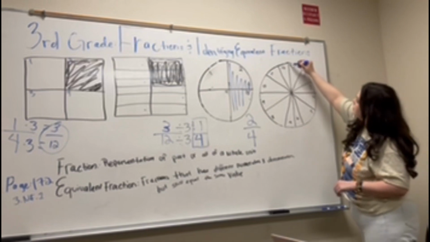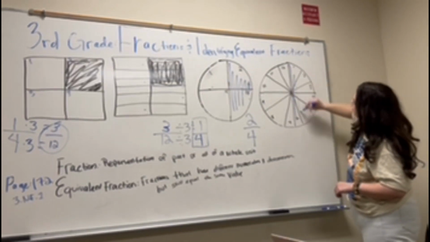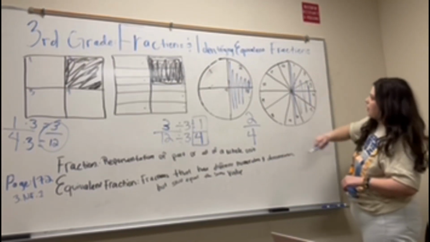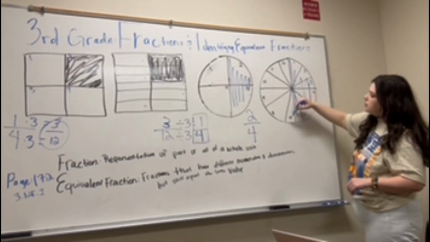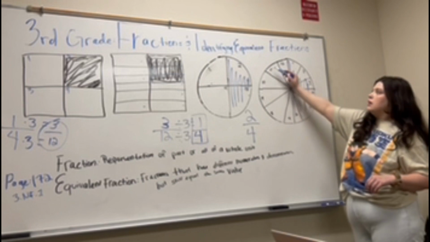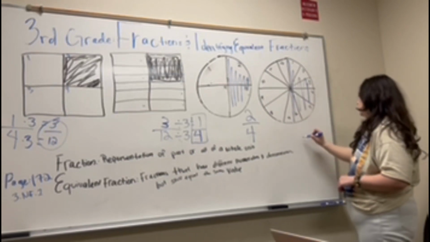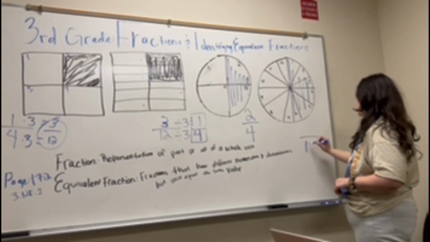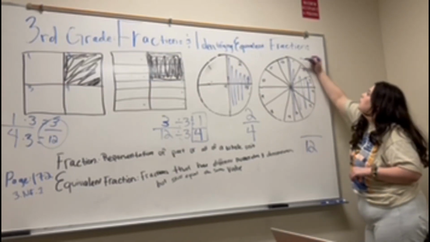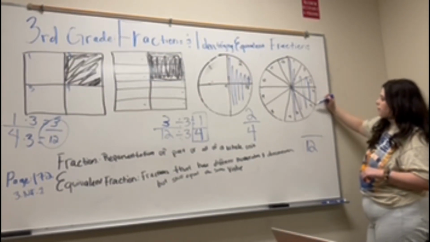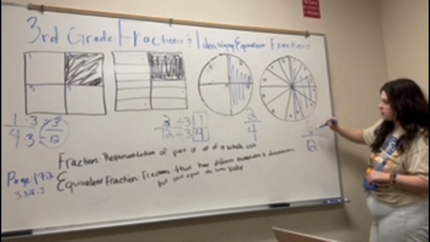Let's say we want to take the same amount from this circle. We can see it has 12 units all together. 1, 2, 3, 4, 5, 6, 7, 8, 9, 10, 11, and 12. We know our denominator is 12, and let's count how many units we took out. 1, 2, 3, 4, 5, and 6.